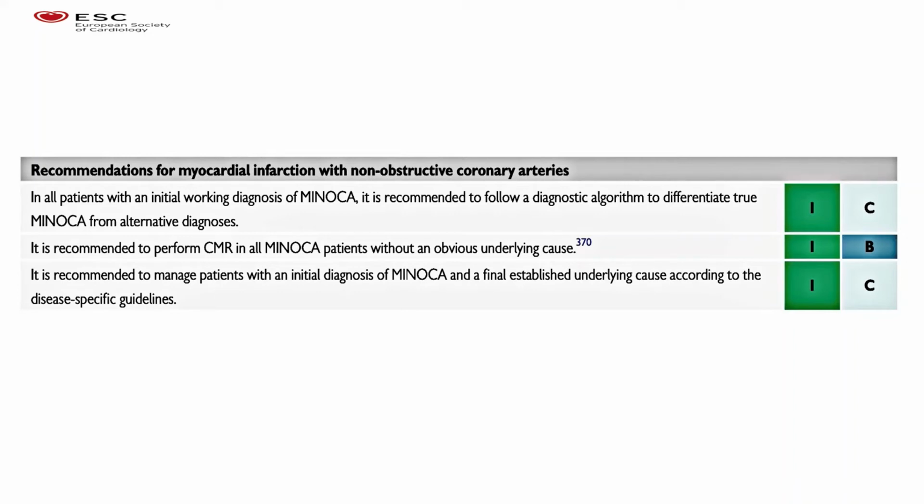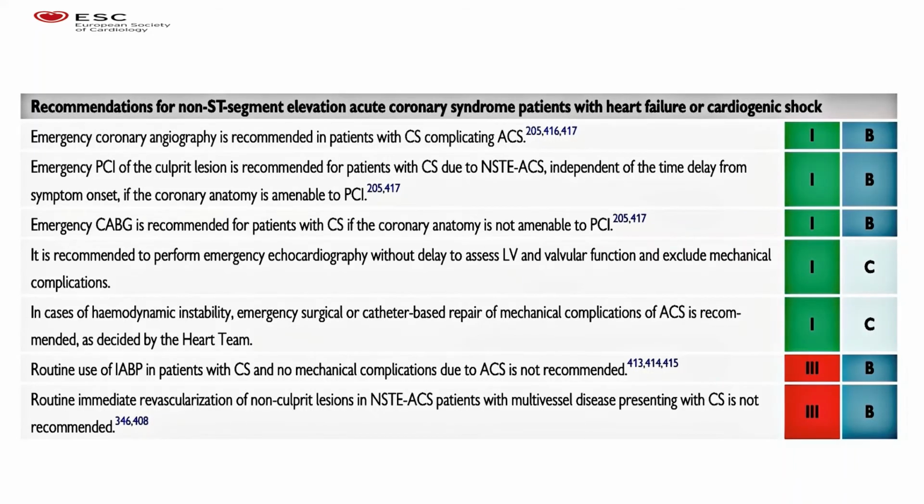Class 1 Level C. Recommendations for non-ST segment elevation acute coronary syndrome patients, with heart failure or cardiogenic shock. Emergency coronary angiography is recommended in patients with cardiogenic shock, complicating ACS.